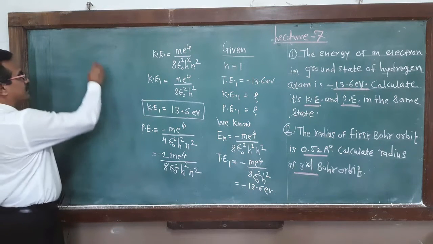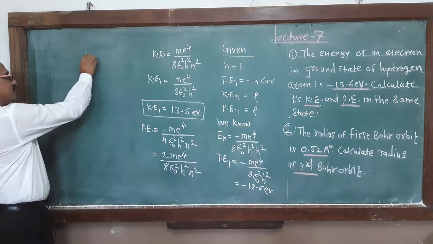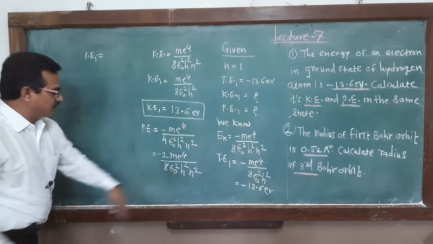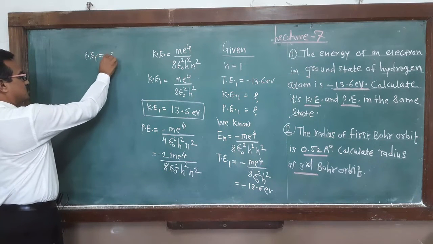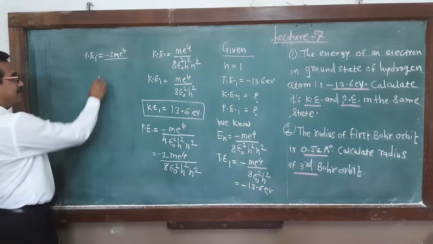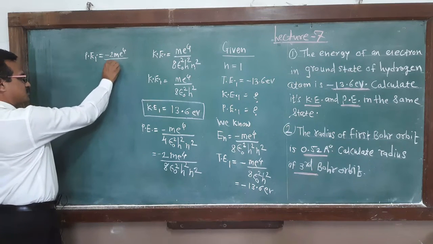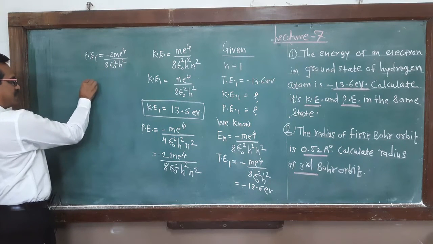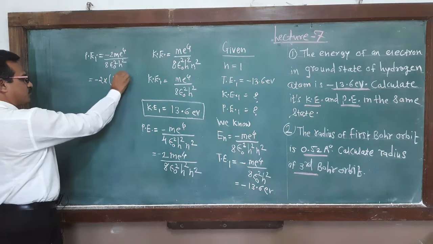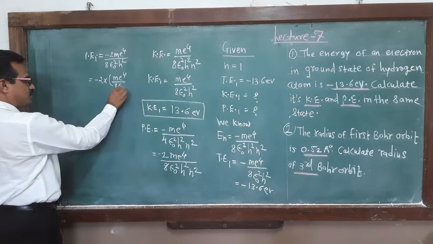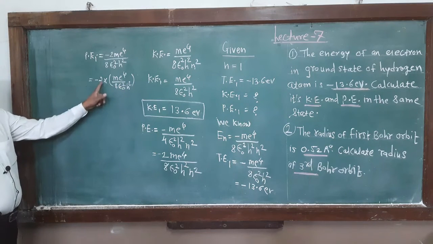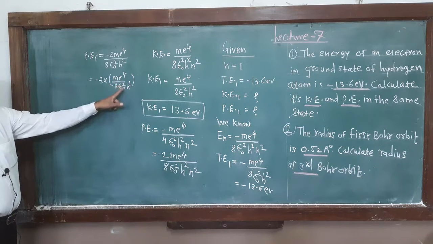But for the first orbit, potential energy in the first orbit, n is equal to 1, is minus 2 m e raised to 4 divided by 8 epsilon 0 square h square, that must be equal to minus 2 multiplied by m e raised to 4 divided by 8 epsilon 0 square h square.